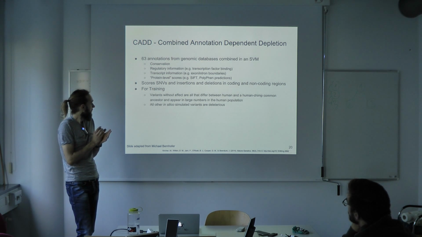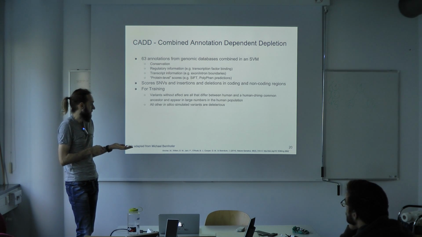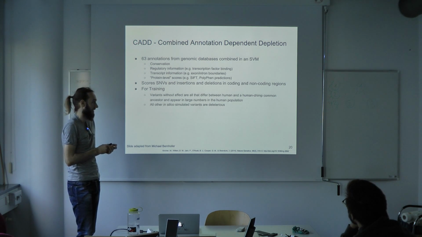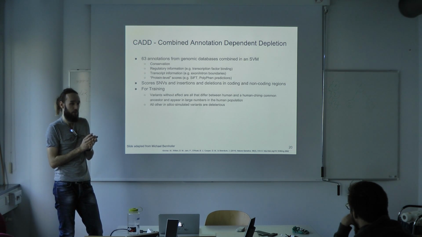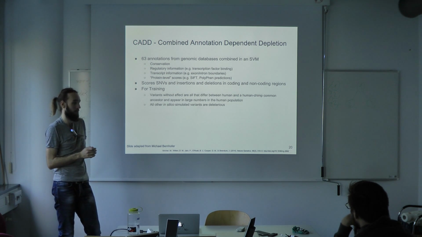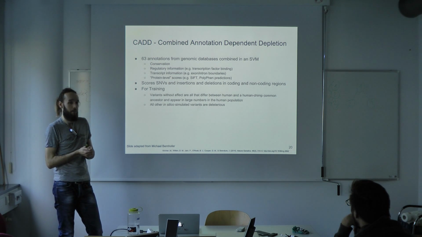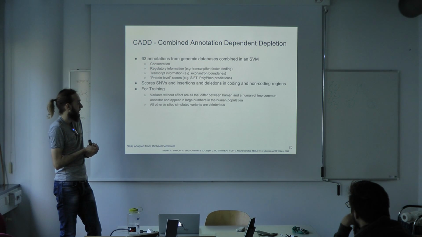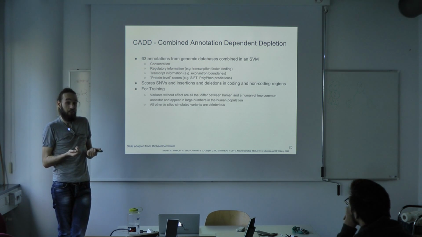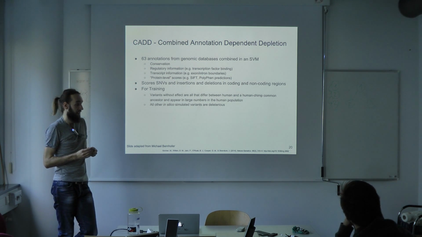And if it does code for a protein, then they also let Sift and Polyphen run and take that as an input feature. And the whole thing is then put into a support vector machine, and they trained that classifier to predict the effect or not effect of a certain variant.